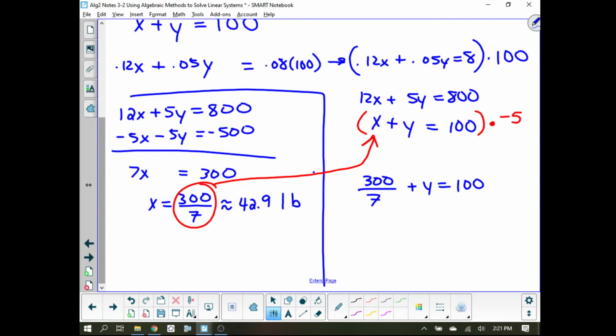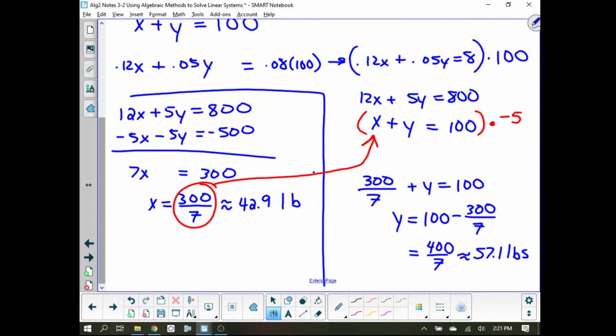We're going to subtract that over, so y equals 100 minus 300 over 7. And that should come out to 400 over 7, which is approximately 57.1 pounds of feed B.